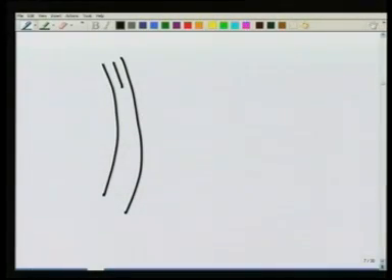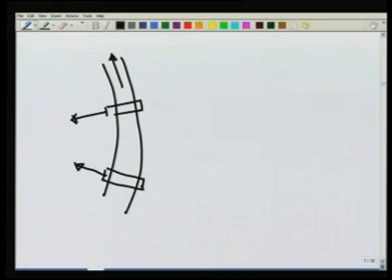When the cylinder is rolling on the track, let us take the rolling direction to be this. Then when the cylinder is here, its angular momentum L is in this direction. As it goes around the track, its angular momentum becomes this, and therefore there is a change in the angular momentum in the direction opposite to its motion.